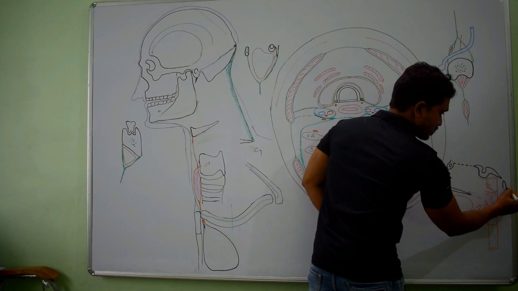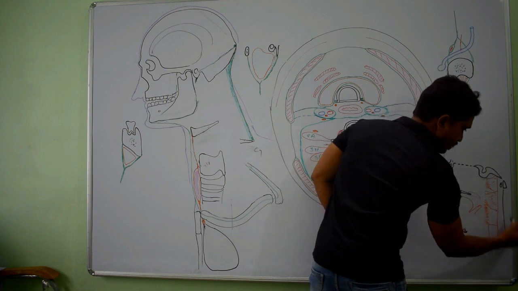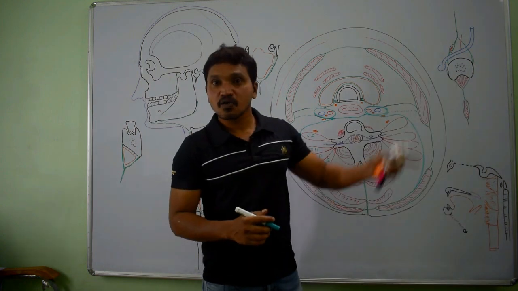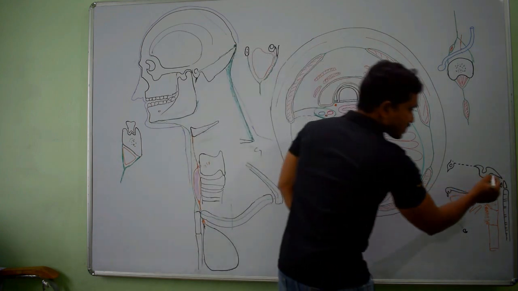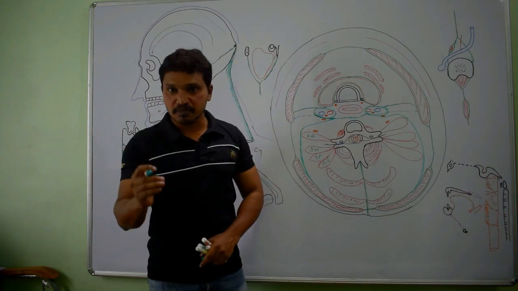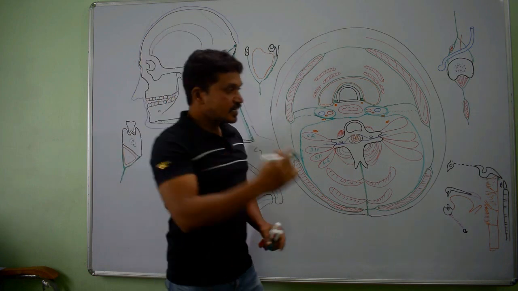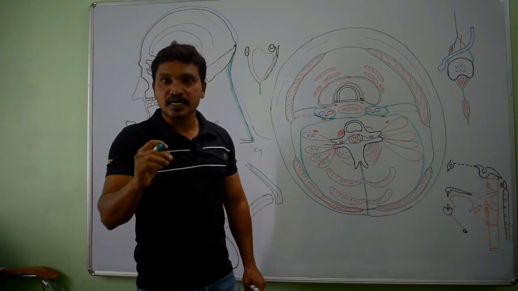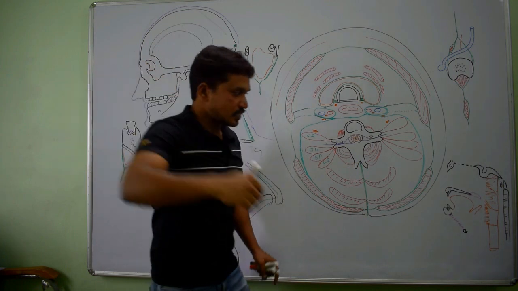Behind the pharynx, what can you see here? Vertebra. This is the axis, here is the atlas, and here this is the cervical vertebra. If you see the vertical disposition, here is the attachment. So the prevertebral layer superiorly is attaching to the base of the skull. After taking attachment, it is divided into two layers.